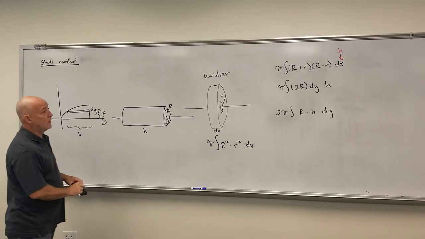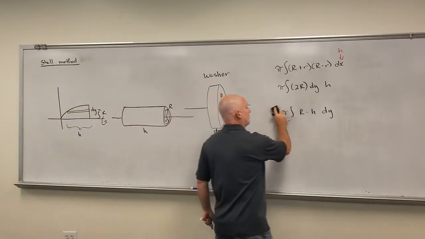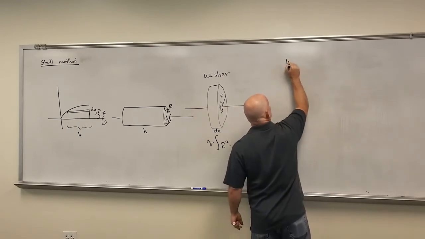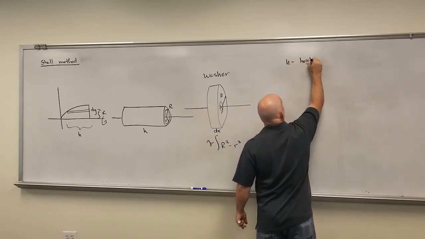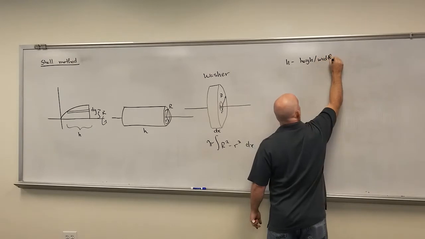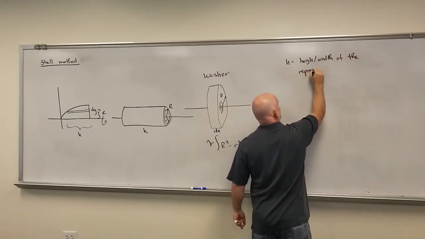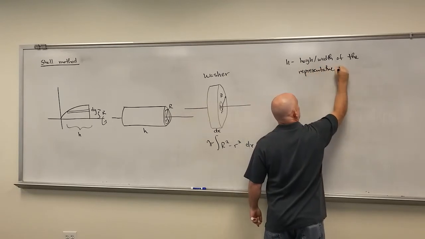So let me go ahead and define what R and H are in this formula, and we'll see how to apply it. H here is the height or width, whichever way you want to look at it, of the representative rectangle.